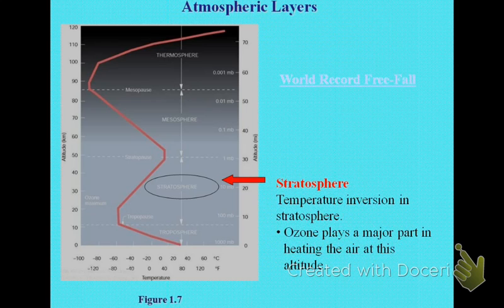So we know that troposphere is roughly 11 kilometers up, but the stratosphere goes from 11 kilometers to almost 50 kilometers. So we're talking 40 kilometers compared to about 10. It's about 4 times the height.